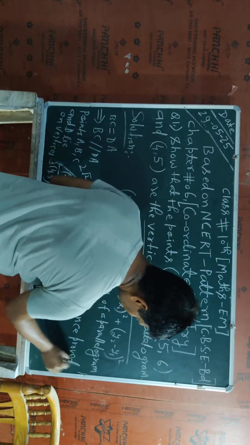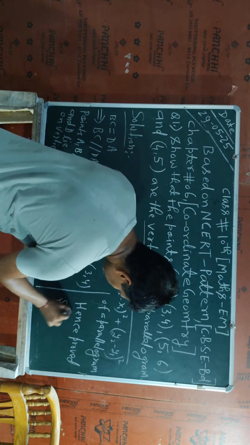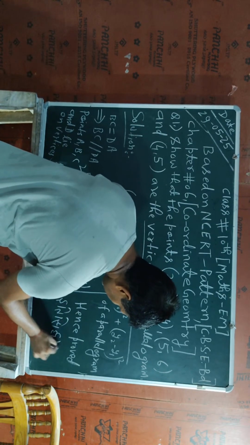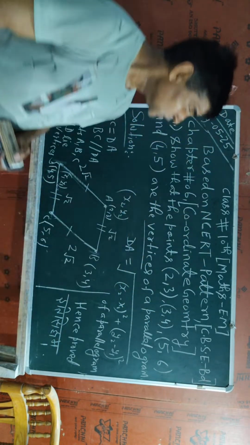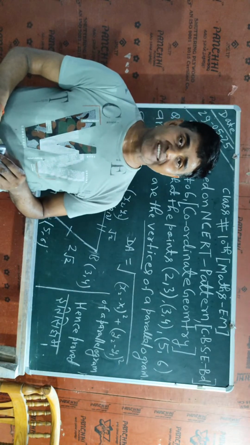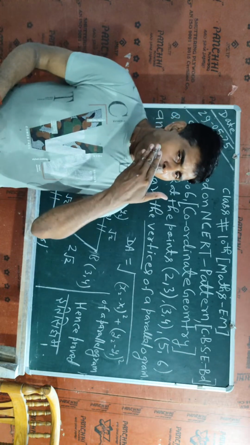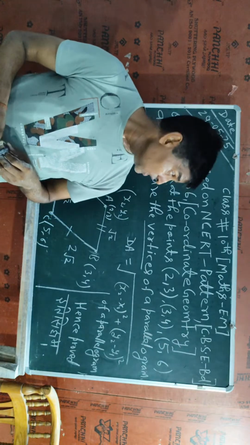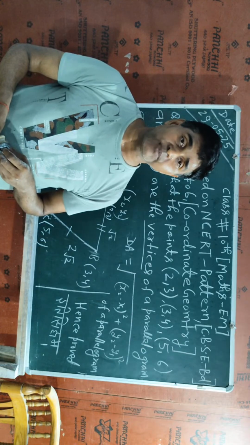So according to this way, the question can be solved. Hence proved. This is a very easy and important question because four vertices are given in the question, and you are asked to prove that these 4 points lie on the vertices of the parallelogram.